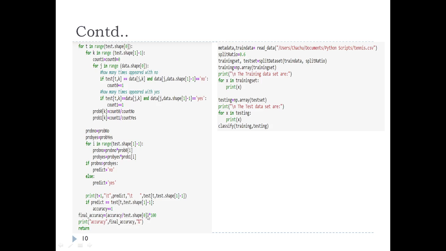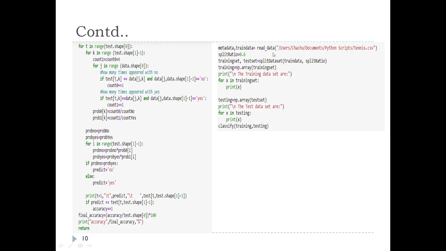Then we calculate the final accuracy from the correctly predicted values and the original target values of the test data, and display that in percentage. So that covers the classification part.